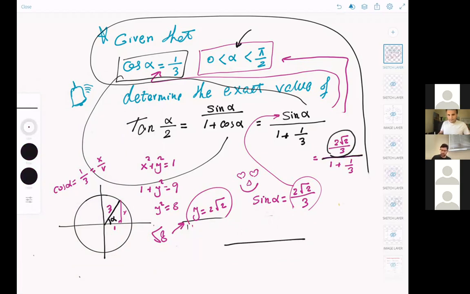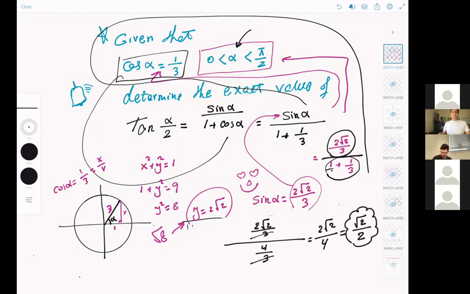The numerator is already simplified, which is 2 root 2 over 3. The denominator, I have to find the common denominator. It will be 1 multiplied by 3. It gives us 4 over 3. This 3 will cancel. We have 2 root 2 over 4, which is root 2 over 2. This is tangent of alpha over 2.